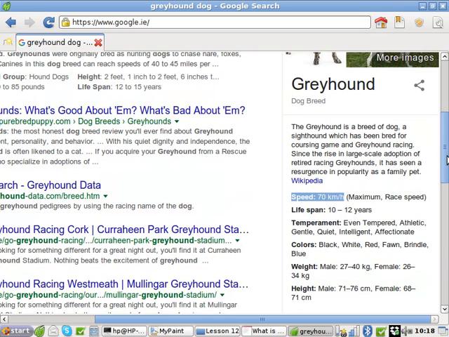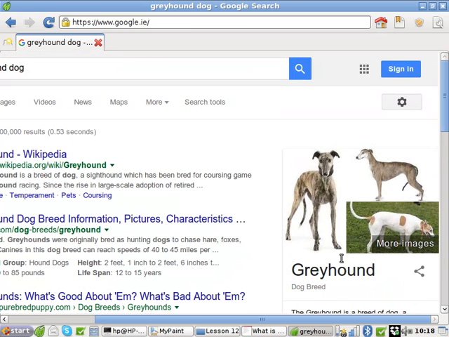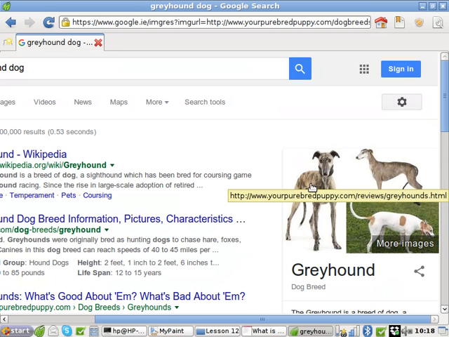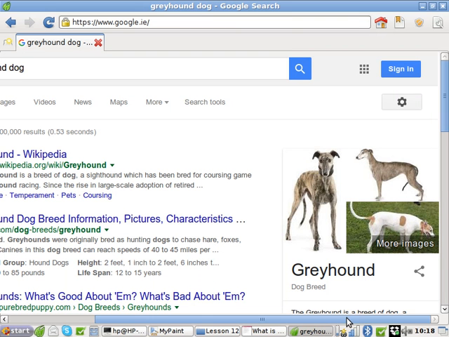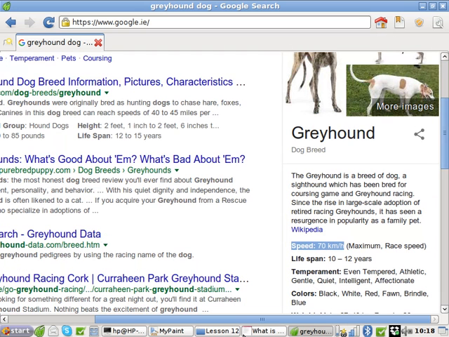It's fast. So that's a greyhound. These are very popular in Ireland. In fact, there's a racing course near the school for greyhound racing. You know, they run around the track. So fast. 70 kilometers per hour.